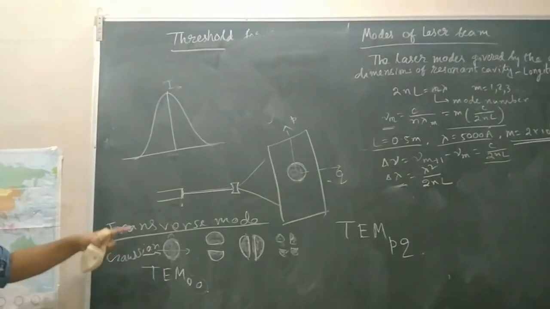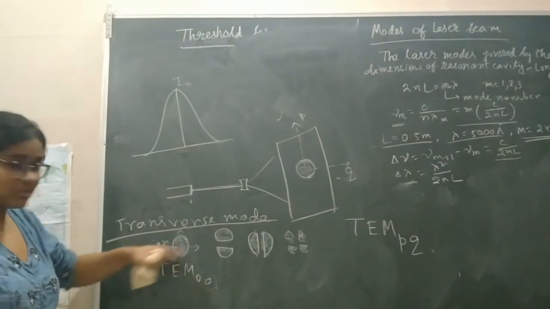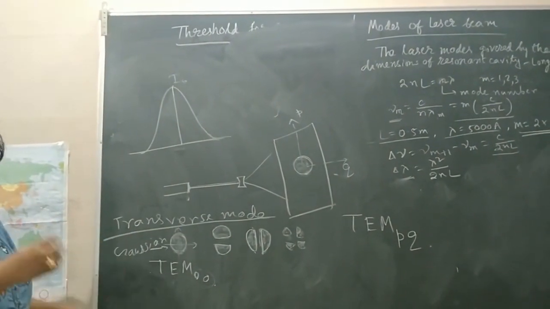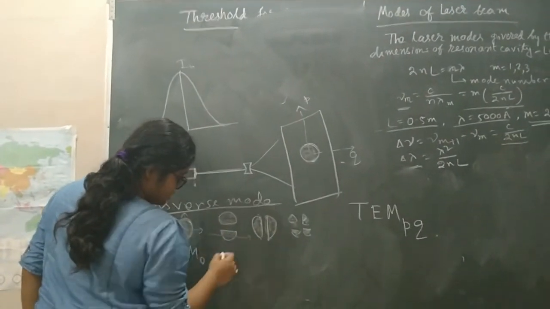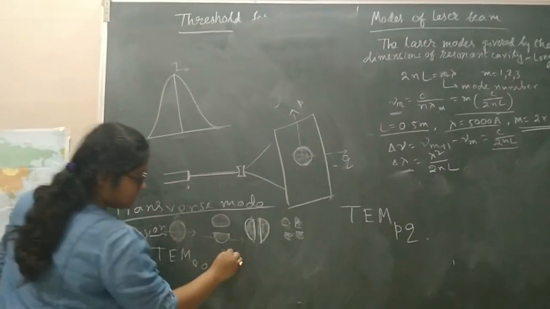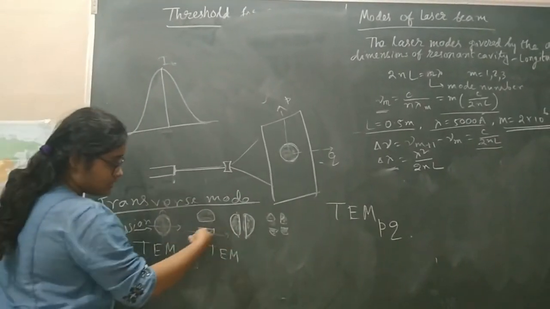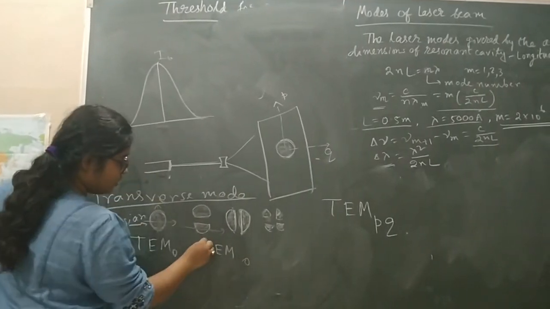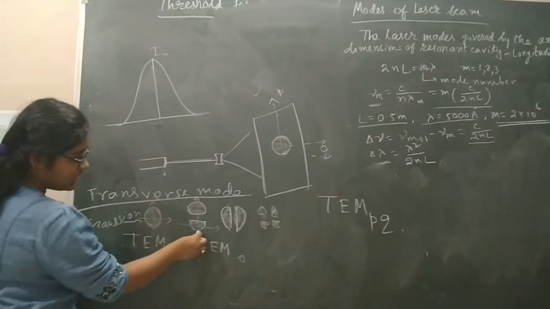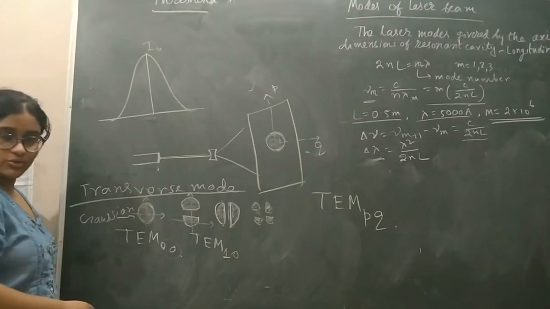Whenever you go along any axis and you get a node, that is a change in intensity, you take it as 1. Suppose I am going along the Q direction, I don't get any change. There is no node along this Q direction, so this should be 0. But if you go along the P direction, there is a change and there is a node, so it should be TEM10 mode.